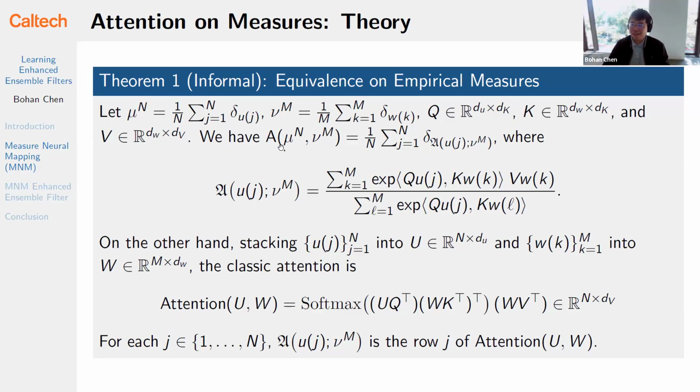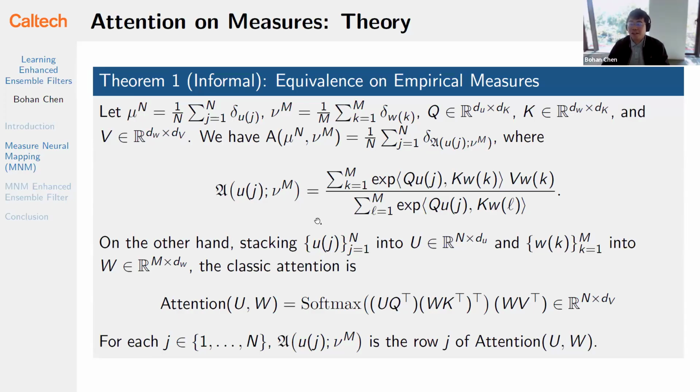Then the output of attention of these 2 empirical measures is also an empirical measure with n samples, the same number of samples as the first input, and it can be expressed in this way.